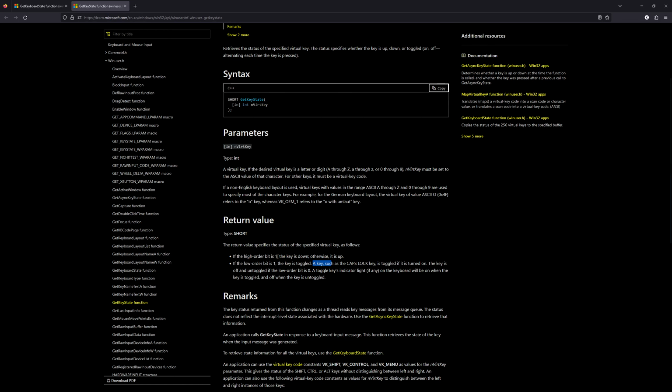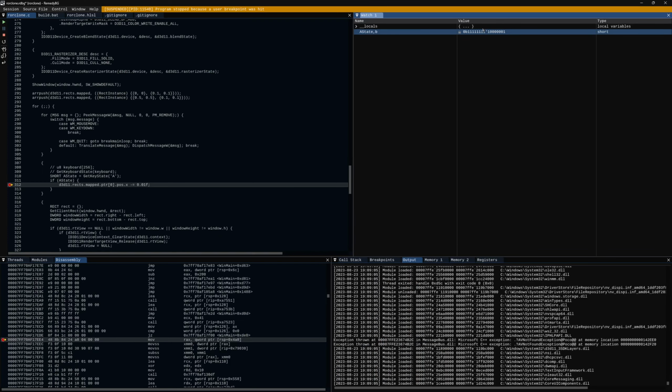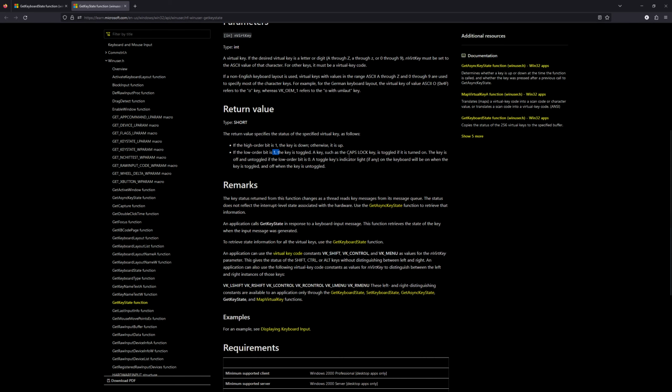High order bit is 1, the key is down. Low order bit is 1, the key is toggled. Well, I'm seeing more than 2 bits equal to 1 here. So what's that all about?